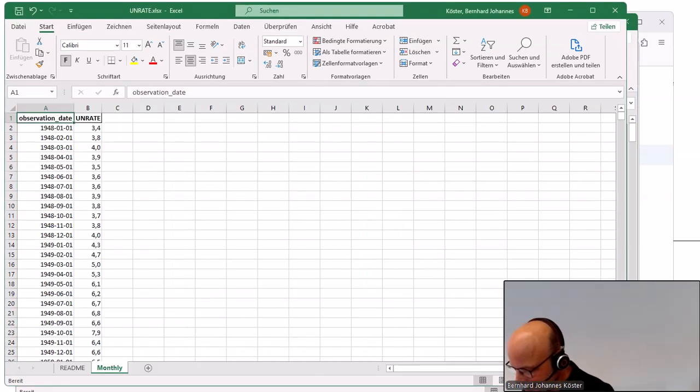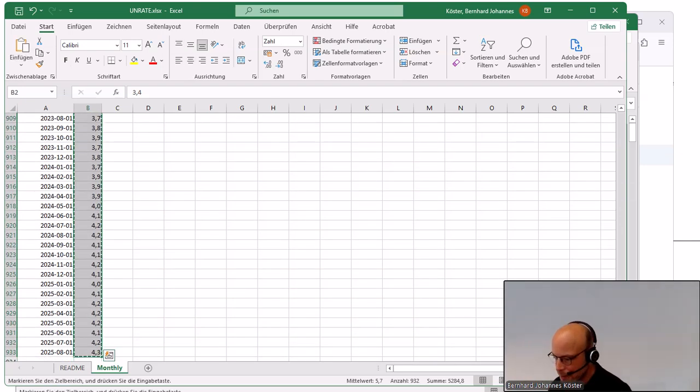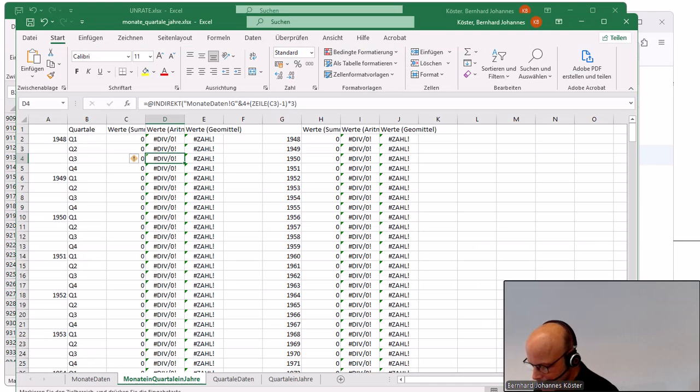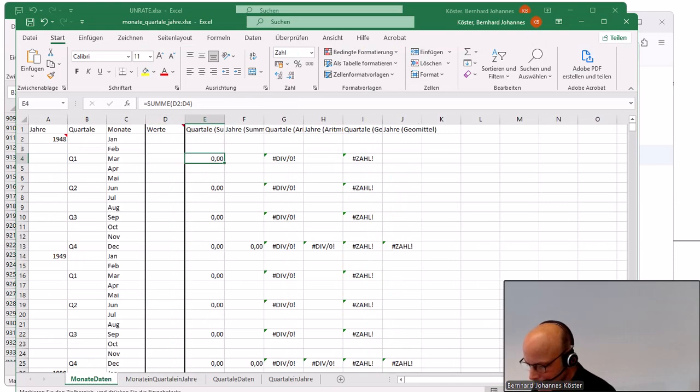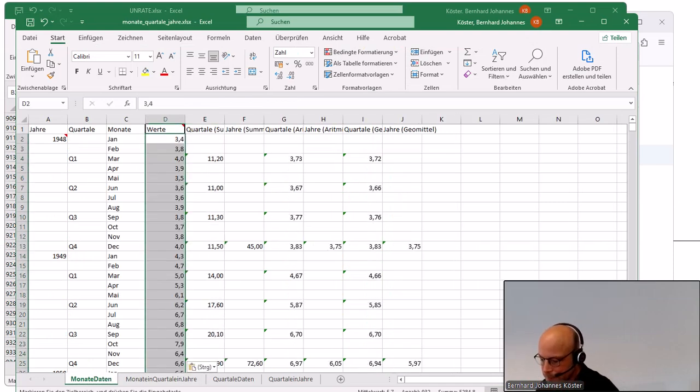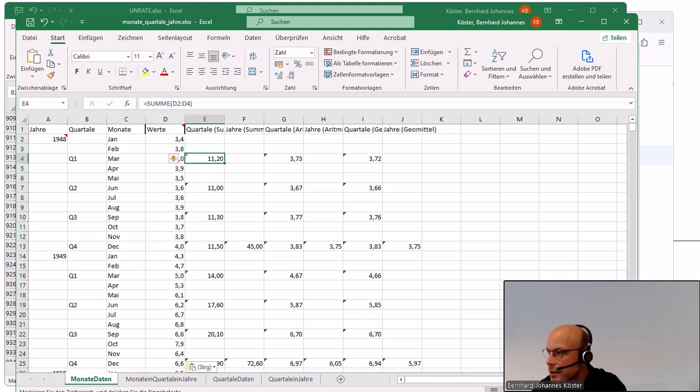Okay, so we copy this data and plug this in. So this is then just the sum of the three numbers. And now I read in the next sheet only this, this, and this.